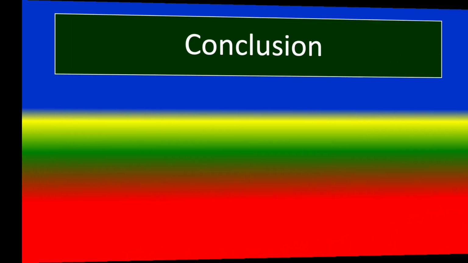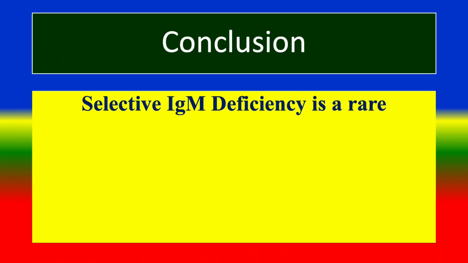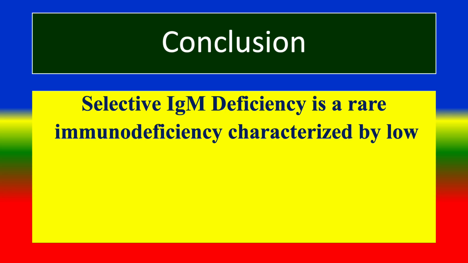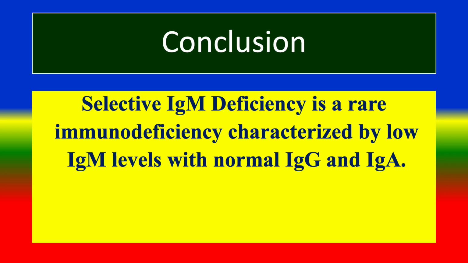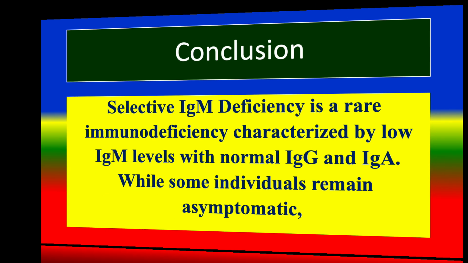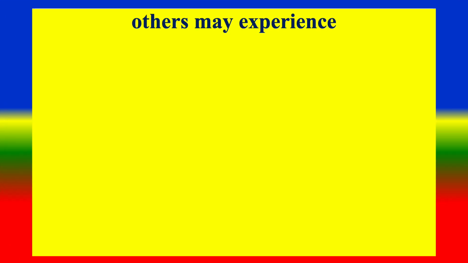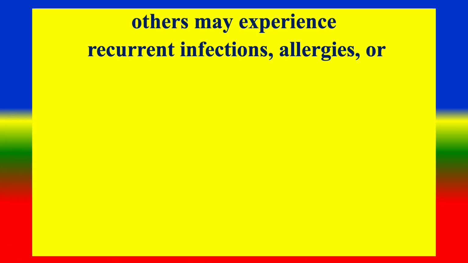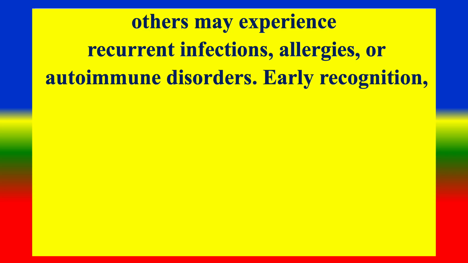In conclusion, selective IgM deficiency is a rare but important immunodeficiency characterized by low IgM levels with normal IgG and IgA. While some individuals remain asymptomatic, others may experience recurrent infections, allergies, or autoimmune disorders.